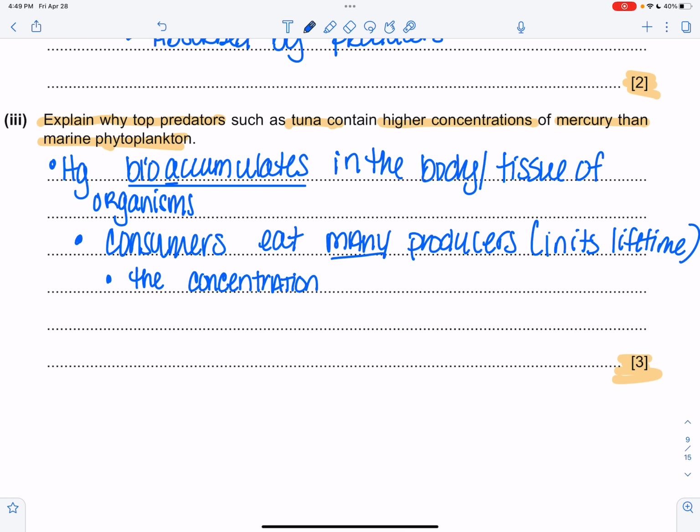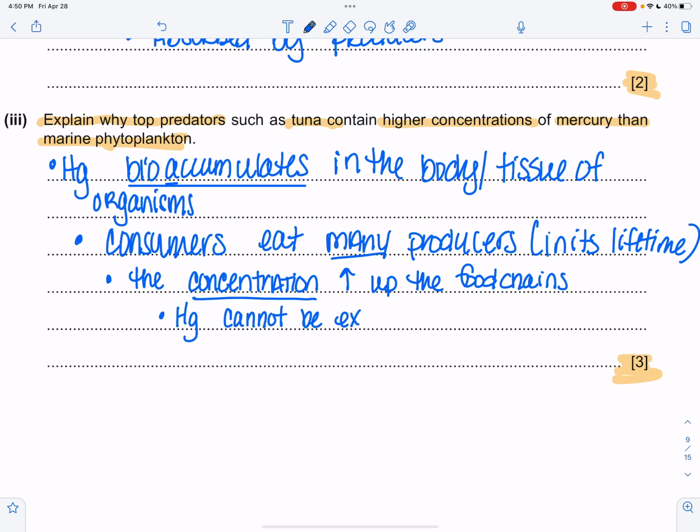The concentration increases up the food chain or trophic levels. Because mercury cannot be excreted.